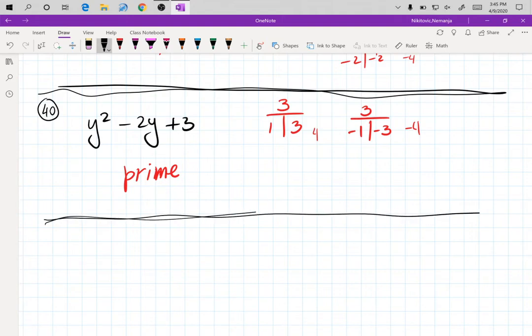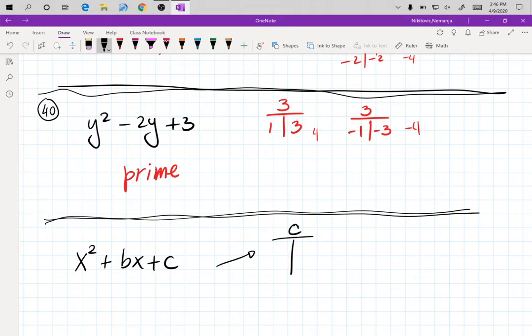Alright, so let's take a look at situations. So we have x squared plus bx plus c. Get your list for c and then find the pair adding to b.